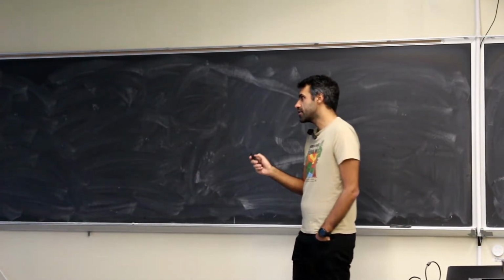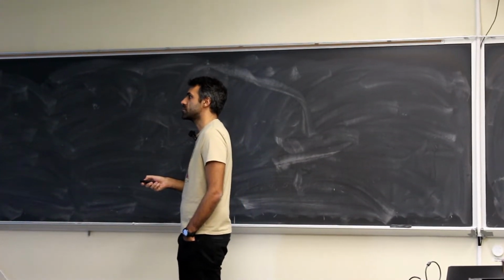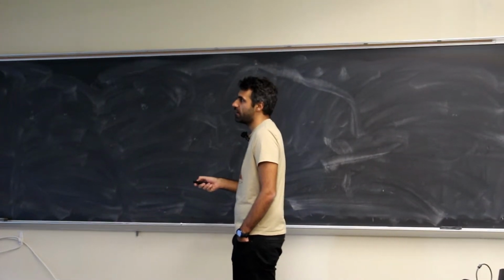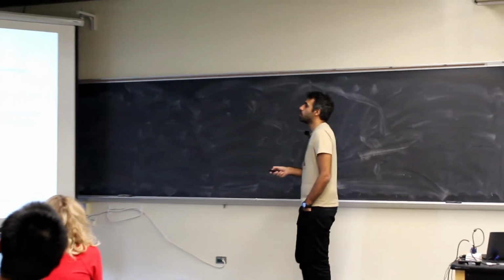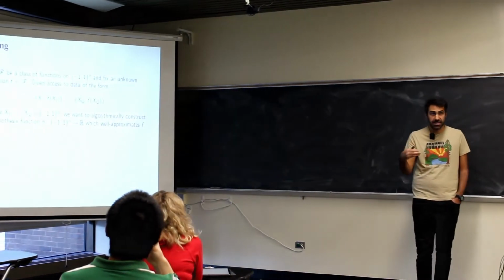And the problem of learning is the following. Having access to data of this form, a bunch of points on the cube and the value of f at those points, we would like to algorithmically guess what the function f is at a different point.